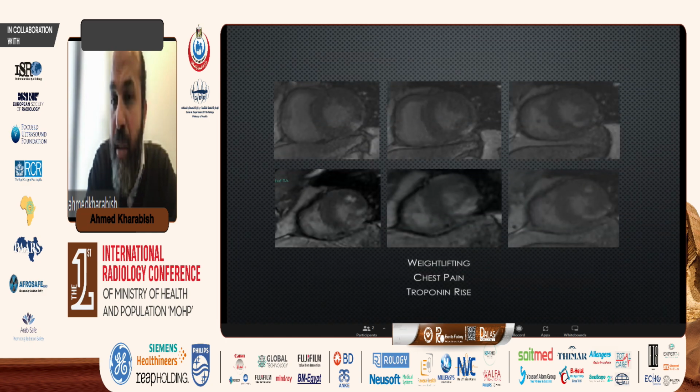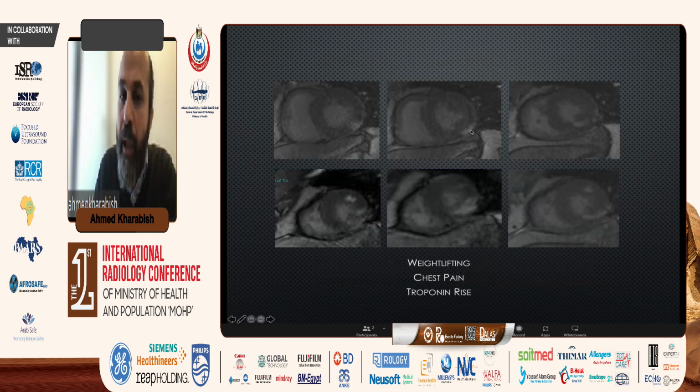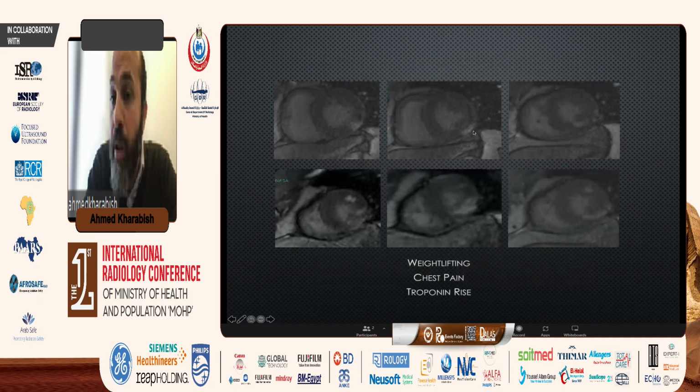On the late enhancement, sorry, the resolution is not the best. The subject was a big subject, so the resolution was not the best, but as you can see, there is an area of late enhancement, maybe two areas in the apical region, and there was an argument whether this is transmural late enhancement, or just subendocardial, or subepicardial enhancement.